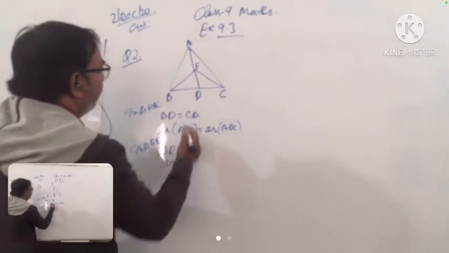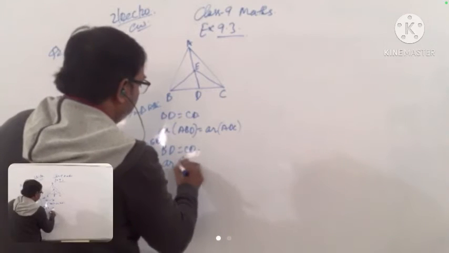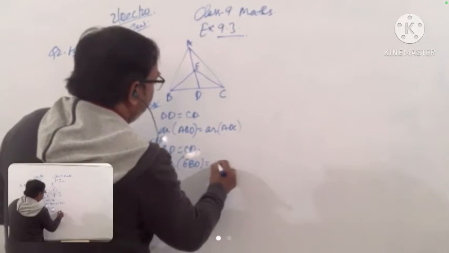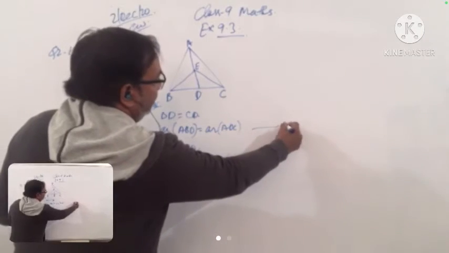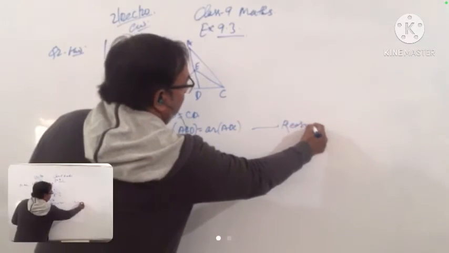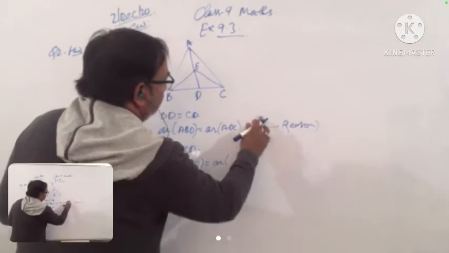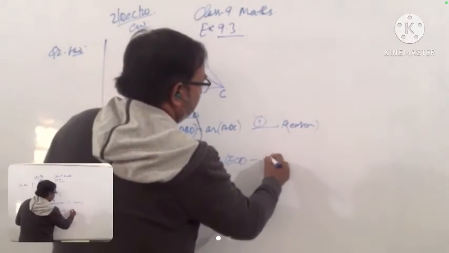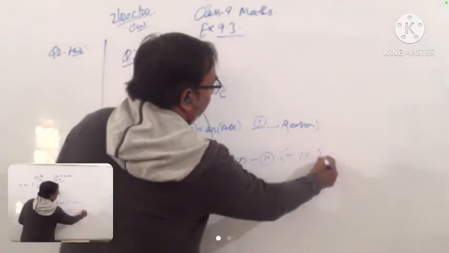Now the area of EBD is equal to area of, you can write the reason and mark it 1. Now the area of ECD, this is 2 and you can write the reason. What is the reason?